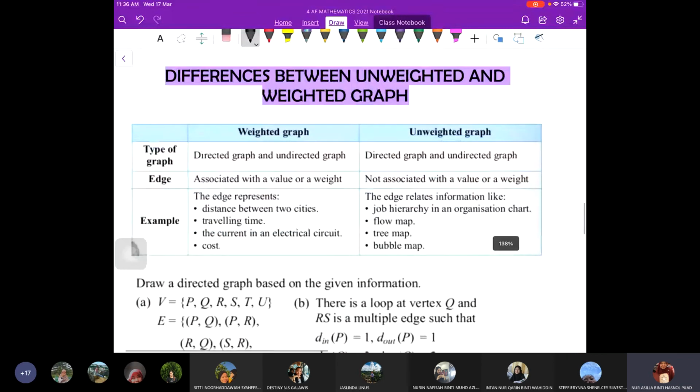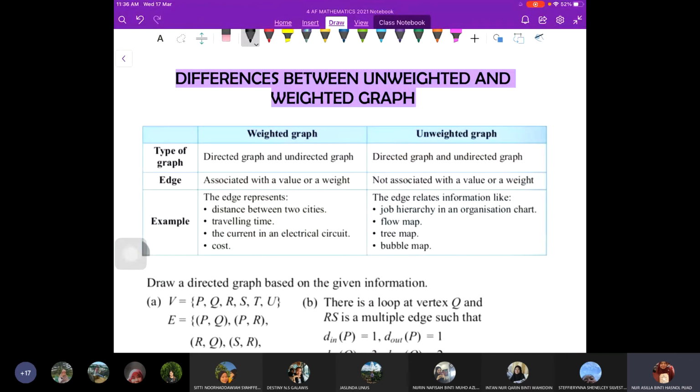Okay, weighted and unweighted is very simple. Okay, a weighted graph can be either directed or undirected. You can go with any type. Same with an unweighted graph.